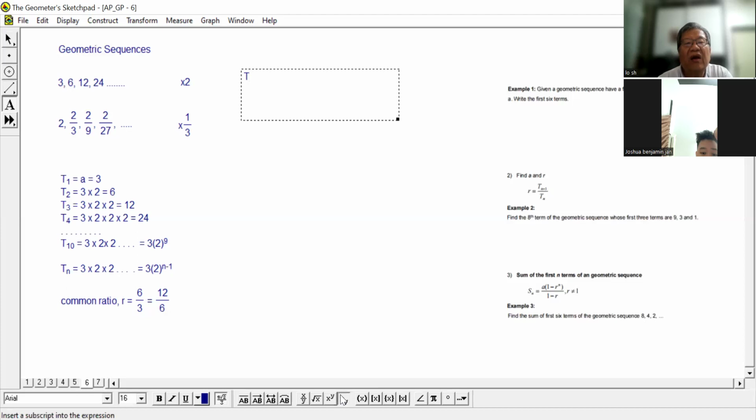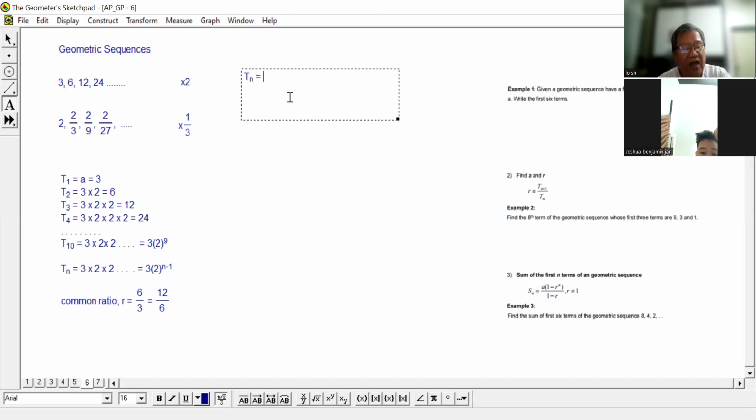Tn equals to a times r to the power of n minus 1. Okay, so actually we see from here 3 times 2 to the power of n minus 1.